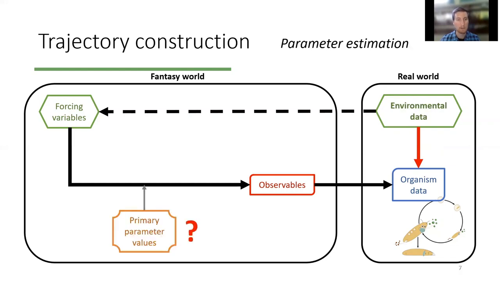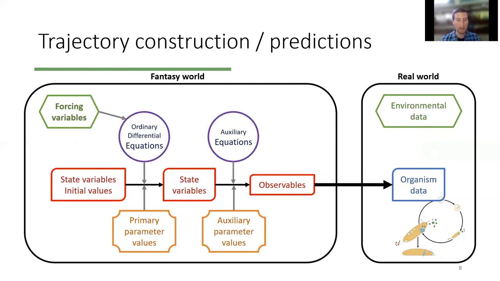The first step in doing so is to estimate the parameters. A lot of the content of this course is dedicated to the estimation of these primary parameter values, and that's because it's a very important part of this process. But it's a complex process that involves the definition of state variables, as well as their initial values, and the use of ordinary differential equations in the case of DEB theory to compute the change of state variables based on the forcing variables and on the primary parameter values.